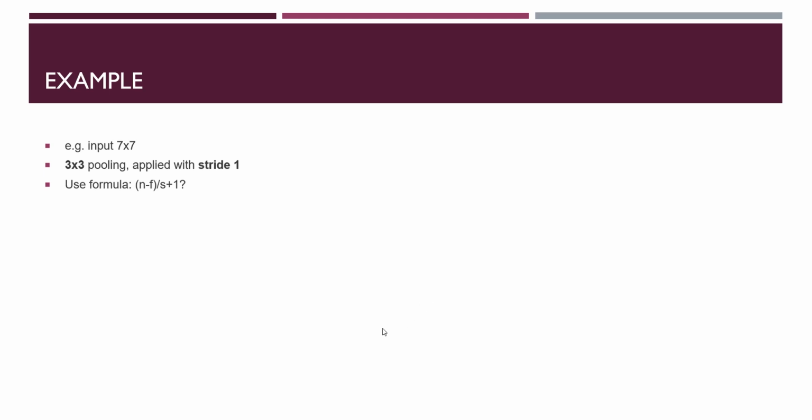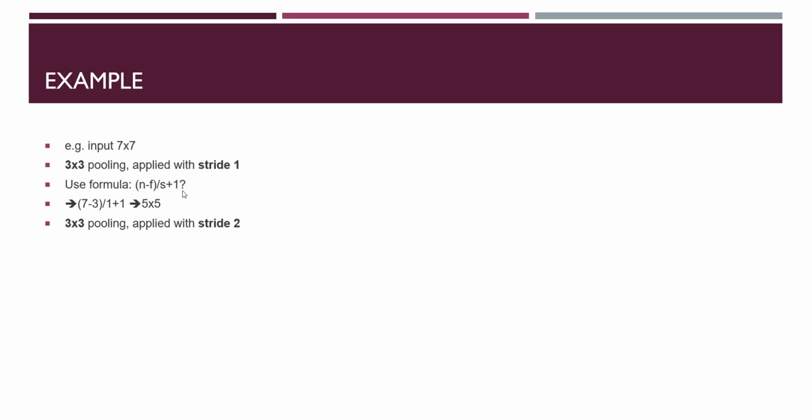So if at all we apply padding, then it will be n plus 2p minus f. The same formula we are going to use. So the resultant will be 5 by 5. But this 5 by 5 you will get for all the number of channels. For each channel you will get a 5 by 5 output.